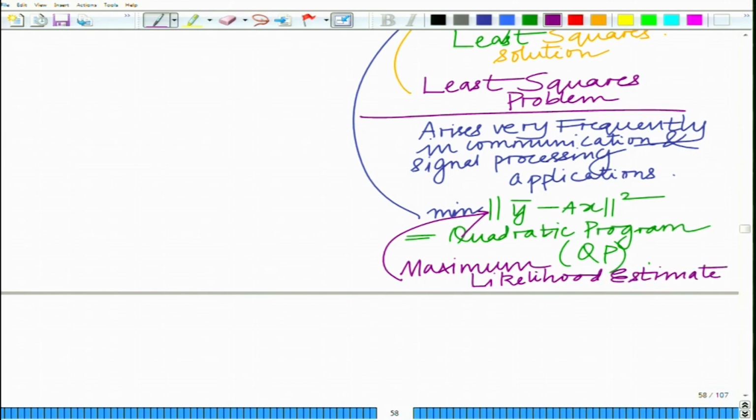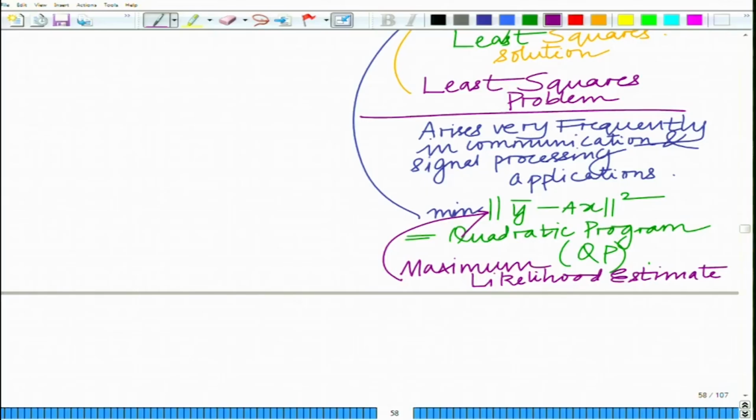If one asks what is the vector x bar which best explains y, which has the maximum likelihood of having occurred, that is the vector x bar which minimizes the least squares, the solution to the least squares problem, that is, it gives the least squared norm of the error vector.